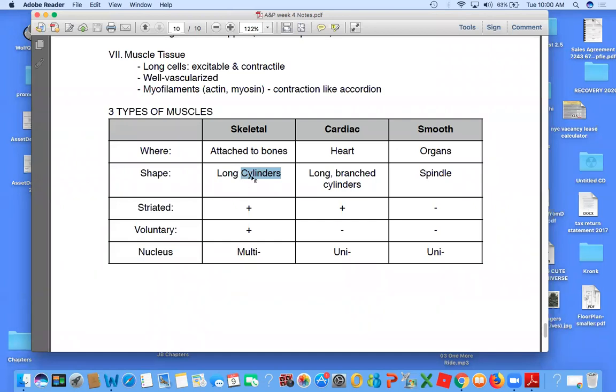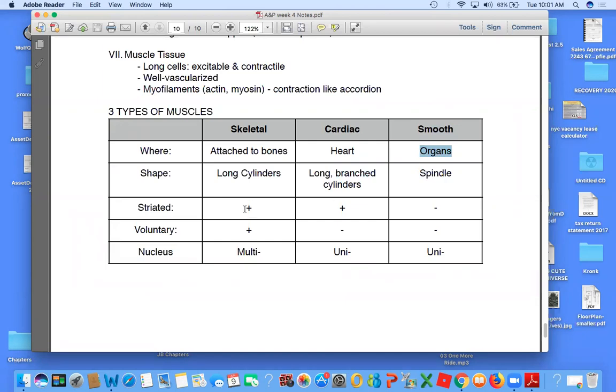Skeletal cells are long cylindrical cells. Heart cells, obviously known as cardiac cells, are long and branch types of cells. That's letter A. And then smooth are spindle-like. They are always found on the organs.